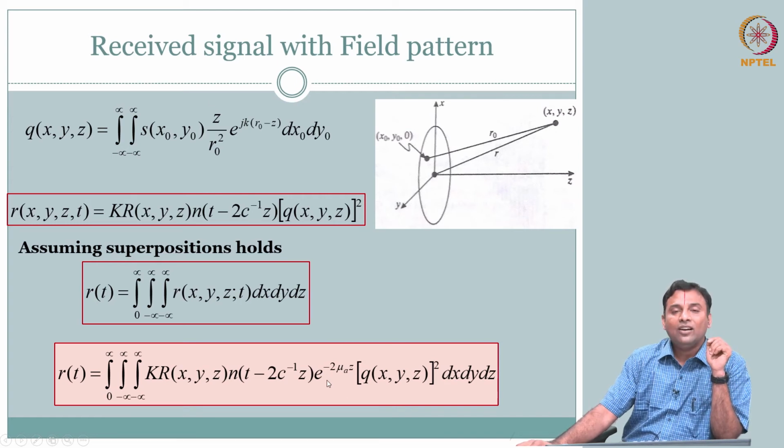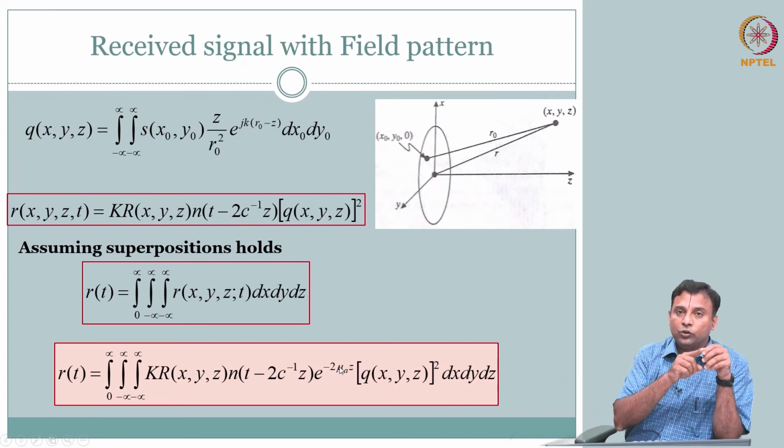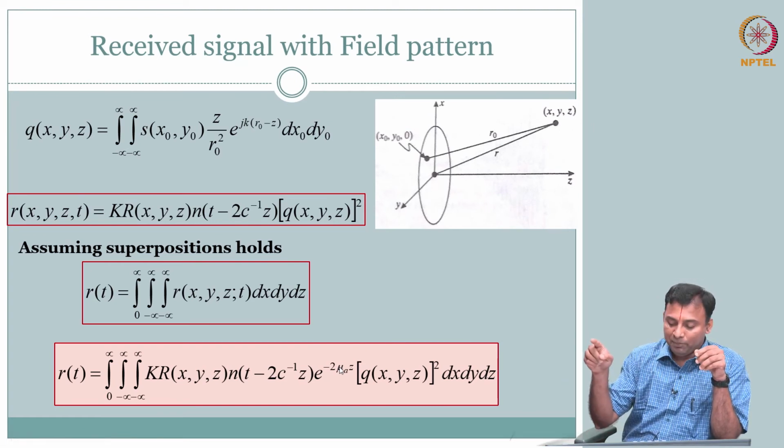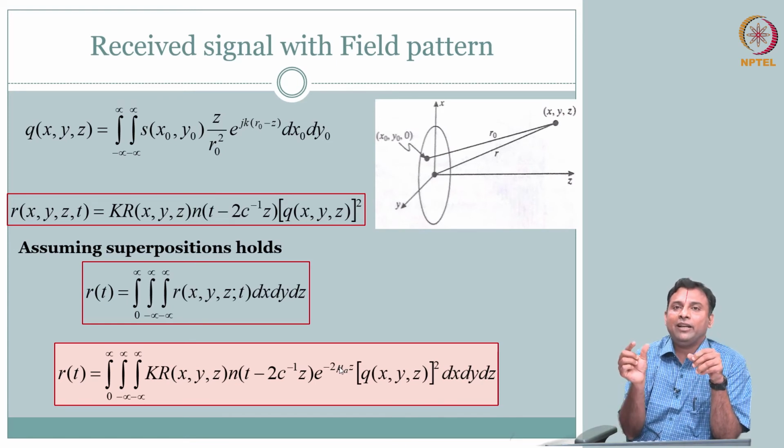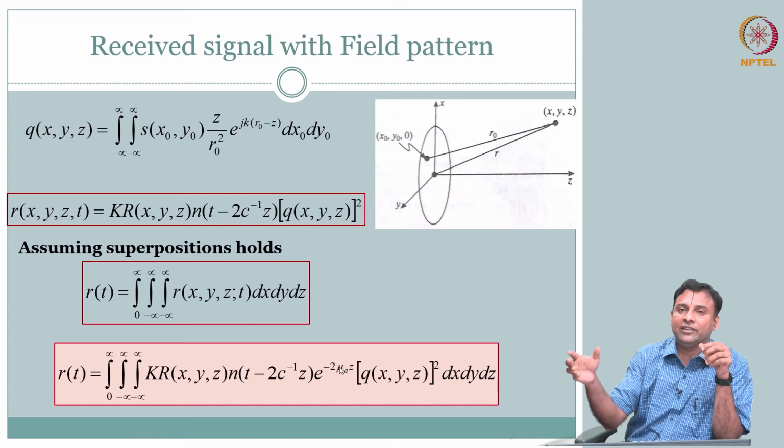What is this? e power minus mu a z is your attenuation. Of course, I have it as 2 mu a. Why is this 2 mu a? The signal is going, so it is attenuating by e power minus mu a z, then it is coming back again. When it comes back, it will again get attenuated by e power minus mu a z. It is the same material, and mu a is its attenuation in that region.